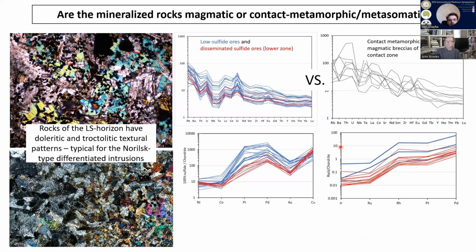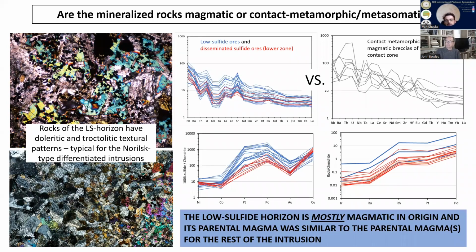Finally, systematics of noble metals also show patterns which are concordant with the magmatic sulfide ores of the Noril'sk deposits. So we conclude that the low sulfide ores are mostly magmatic in origin, and their parental magma was similar to the parental magmas for the rest of the intrusion.